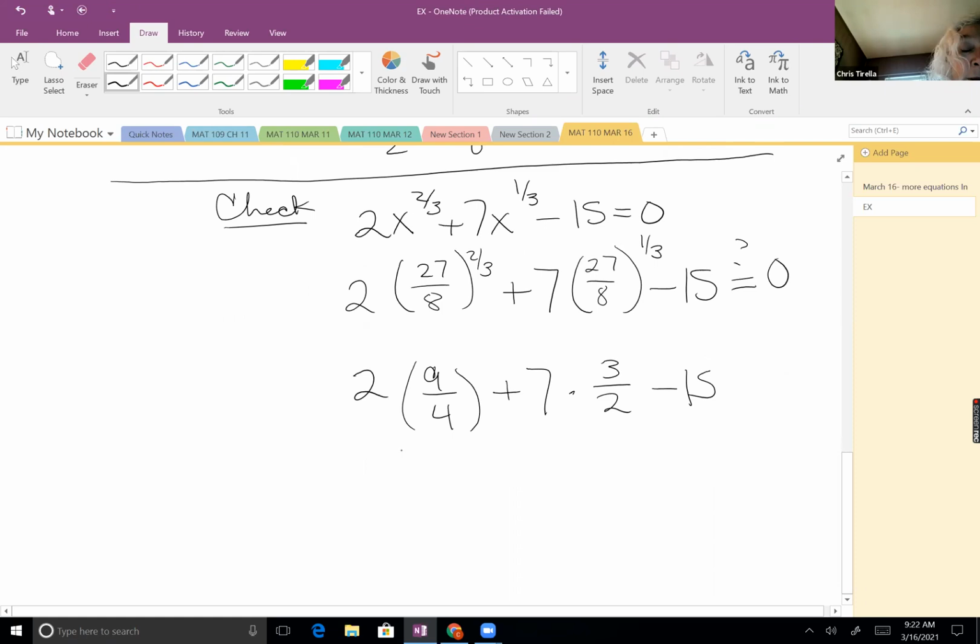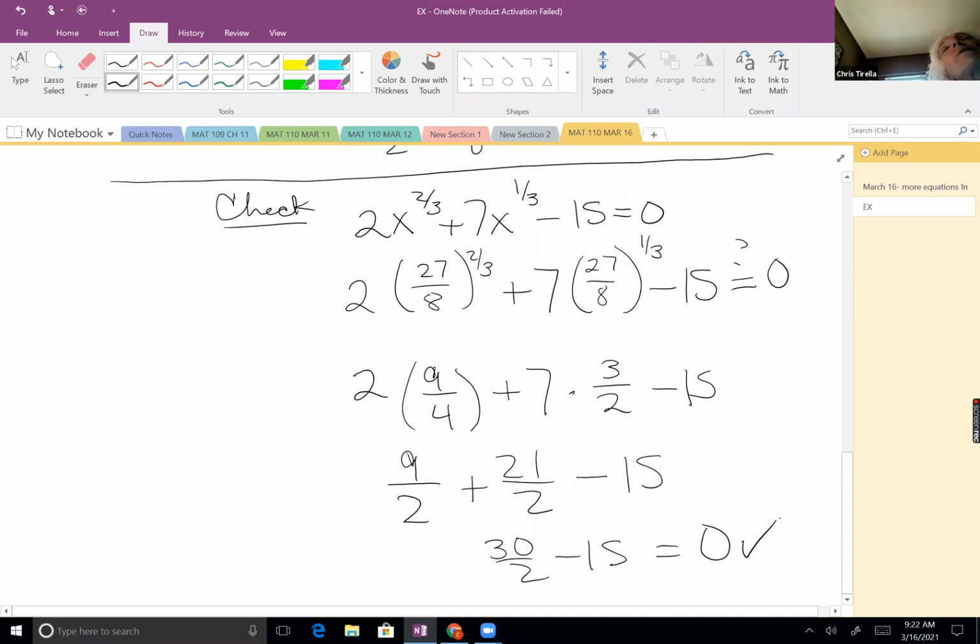So that gives me 9/2 plus 21/2 minus 15. That's 30/2 minus 15, which is a 0. So it checks.